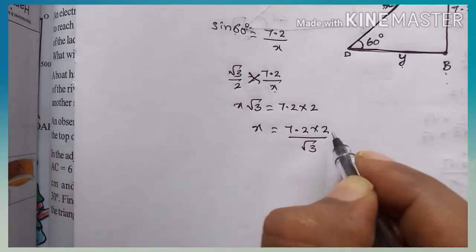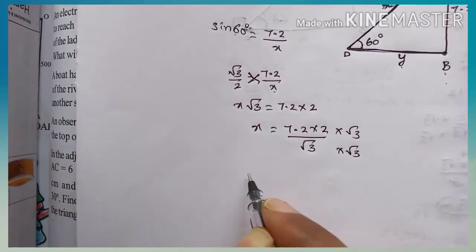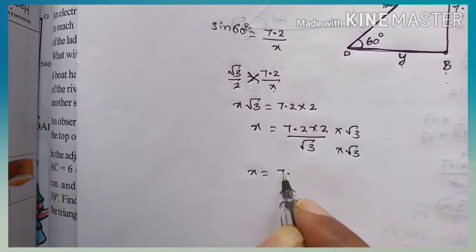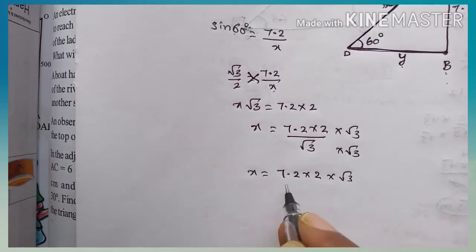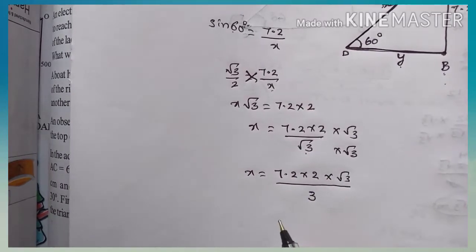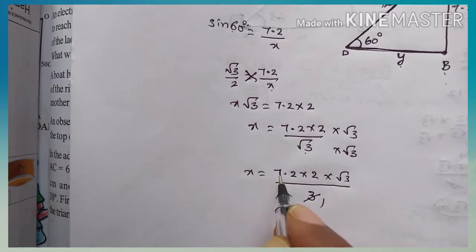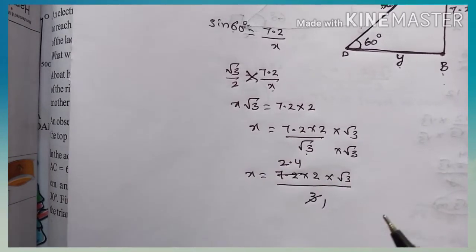The denominator is an irrational number, so rationalize by using root 3 and root 3. So 7.2 into 2 into root 3 by root 3 into root 3, which is 3. Cancel: 3 ones are 3, 3 twos are 6, 3 fours are 12.